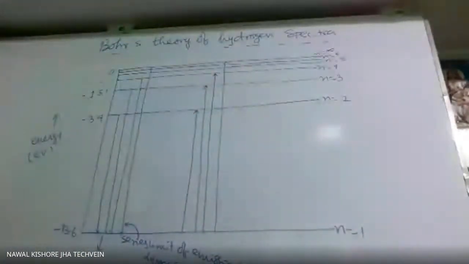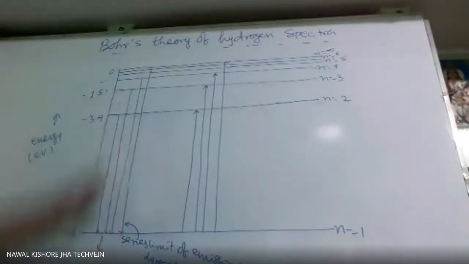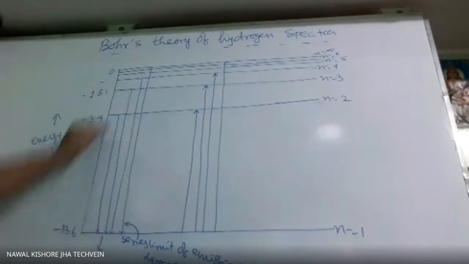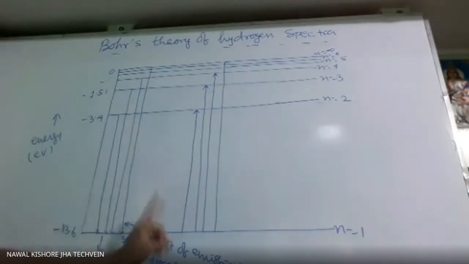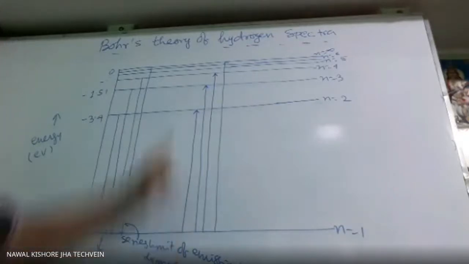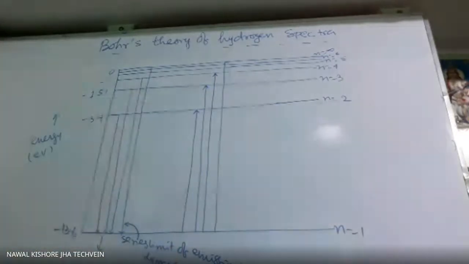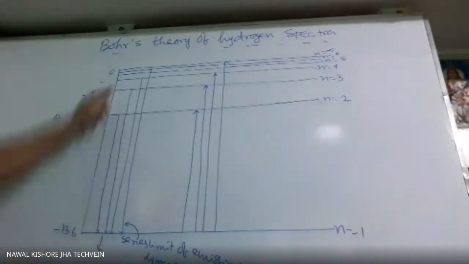When electron absorbs the same amount of energy, what it can emit. Suppose here it is coming 10.2 electron volt. So if electron absorbs 10.2 electron volt, then only it will jump from first orbit to second orbit. Here suppose the difference is coming 12.1.